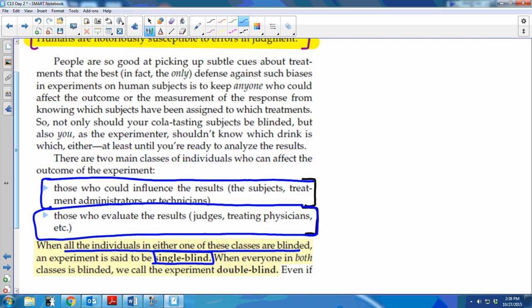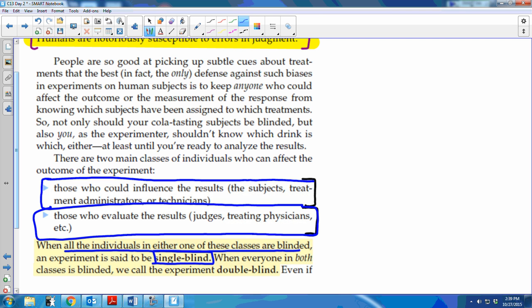That kind of defeats the whole purpose. You want to see how they improve regardless of what pill they're taking. All right? So there's a control. And if you see any improvement with that group, then you can expect the same amount of improvement with the other group because it's sheerly psychological. You want to keep that group in the dark because you don't want them to know what they're taking.